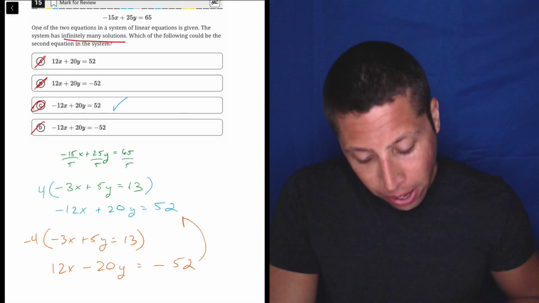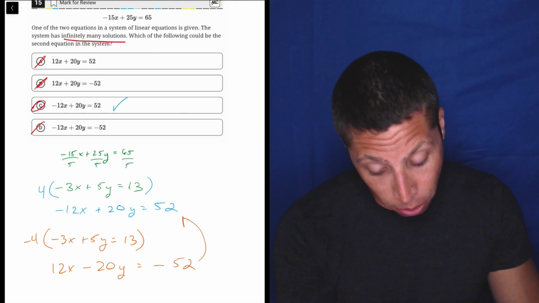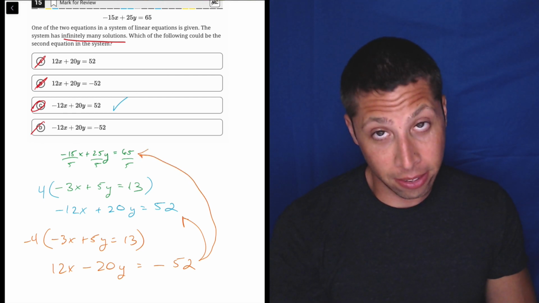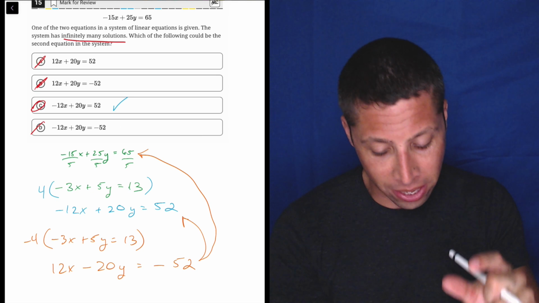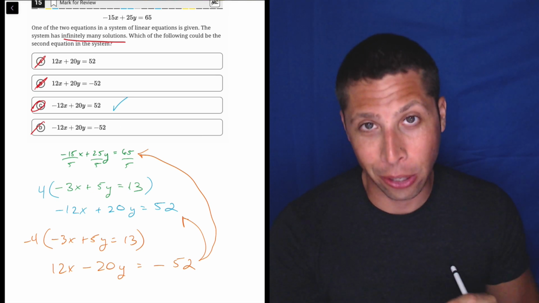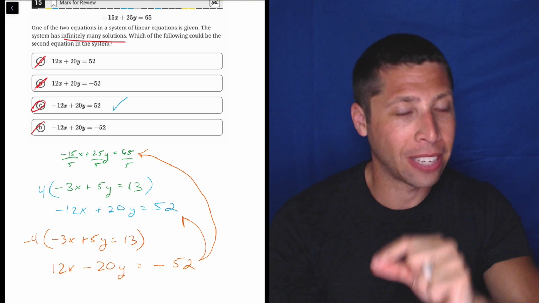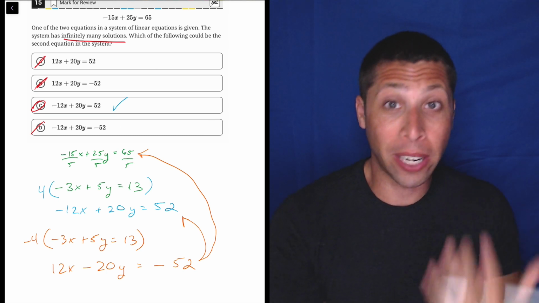Compare it all the way back to the original right here. It's still the same overall proportions, but notice the negatives have moved. They're on different numbers, and so that would be harder for our brain to see and account for.